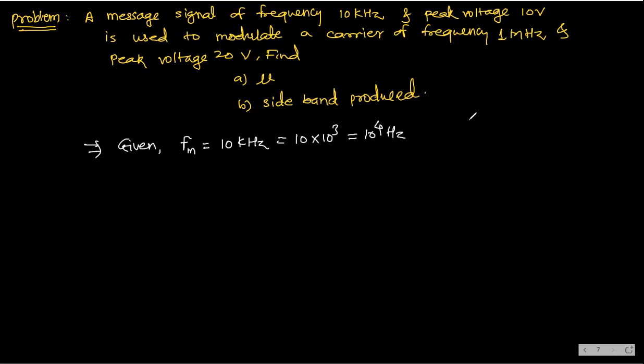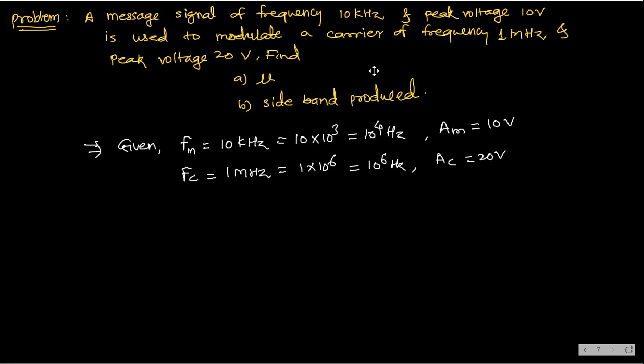And peak voltage they have given. So this is nothing but Am. Yes, that is what 10 volt. Now carrier wave frequency they have given. So fc is given. fc is how much? 1 megahertz. So that is equal to 1 into 10 to the power 6. So that is nothing but 10 power 6 hertz. And Ac also they have given 20 volt. Peak voltage means this only. Yes, no?